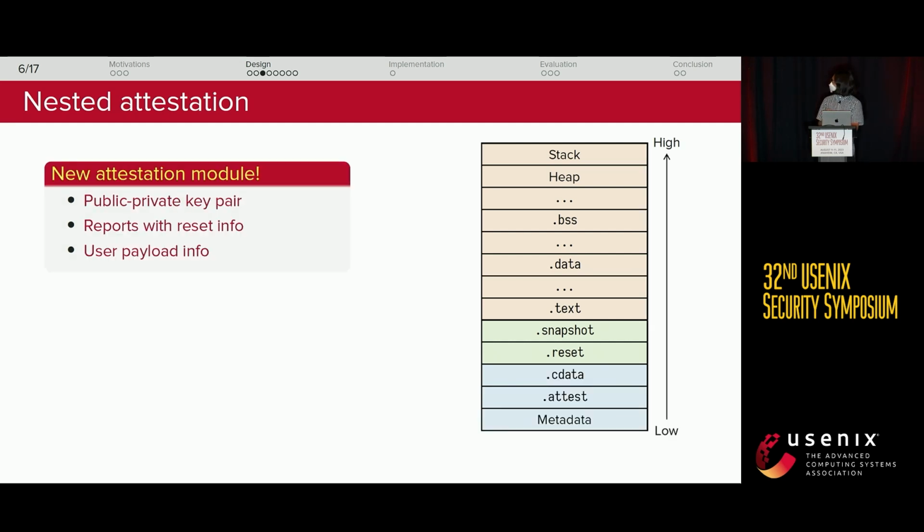So we propose a way called nested attestation because it's nested within an enclave. And we add 2 new segments, which is a new attestation module that has a public-private key pair in it to sign reports with reset info and user payload info so that the user can verify it later.